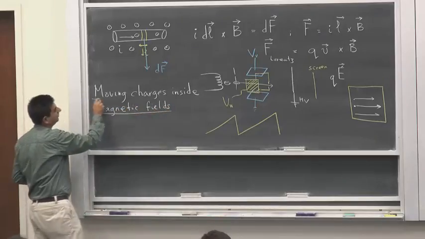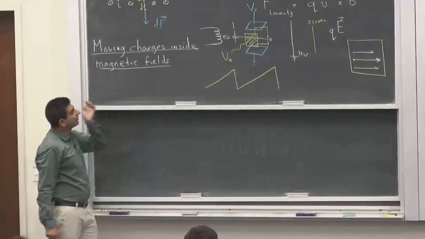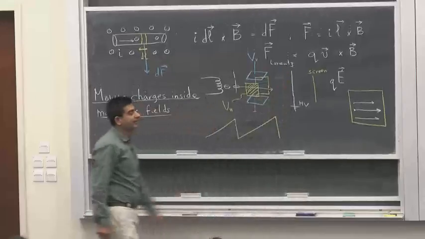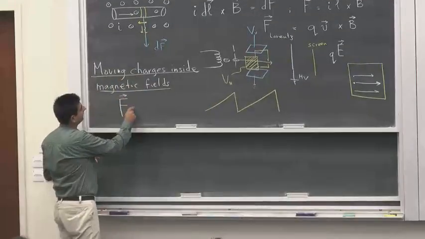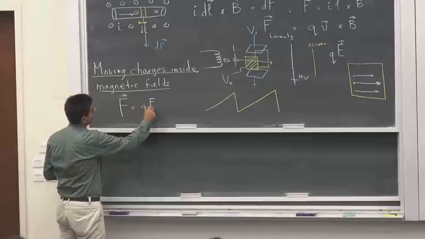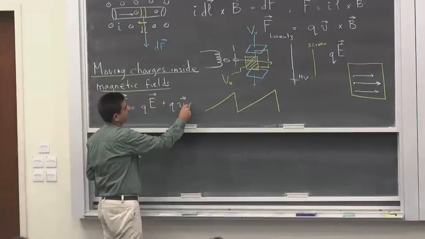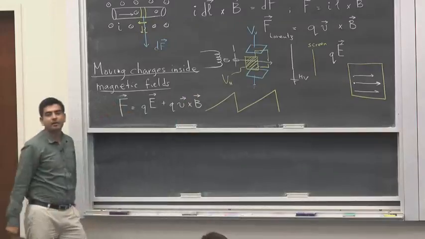Now, this is my defining equation, the Lorentz force. If I have combined electric and magnetic fields, the total force will be given by QE plus QV crossed with B.